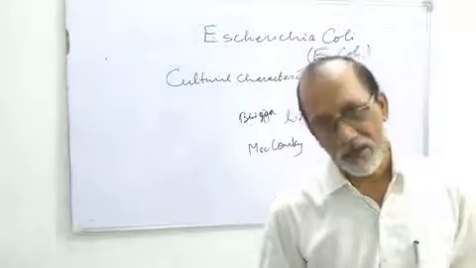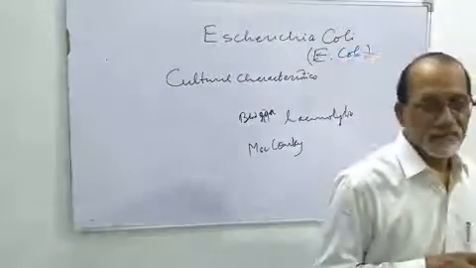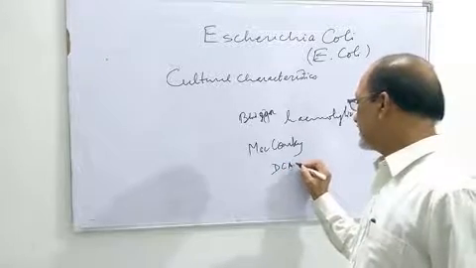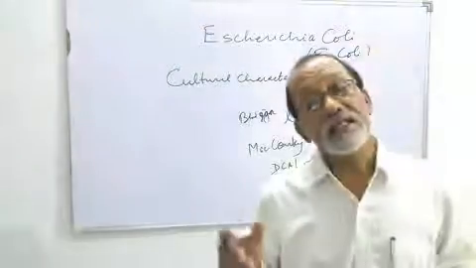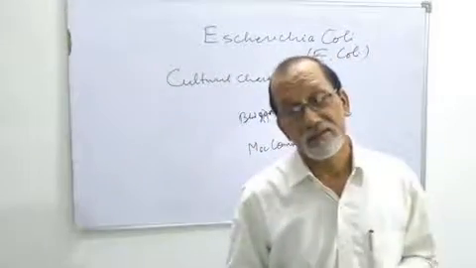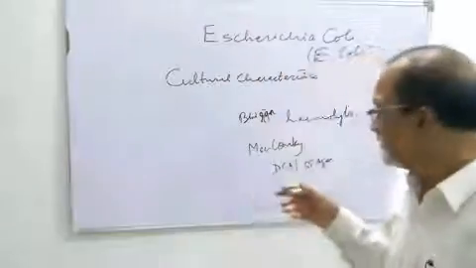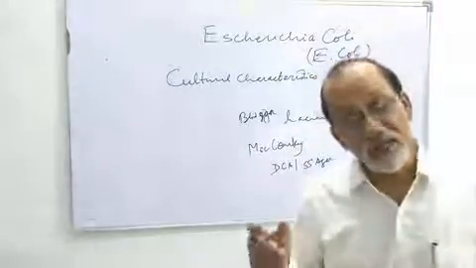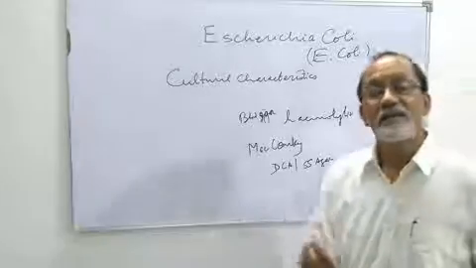On selective media like DCA and SS agar, the growth is largely inhibited, and these selective media are used for the isolation of Salmonella and Shigella, which will be studied in further lectures or videos.